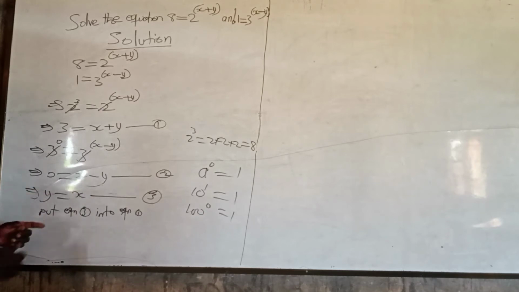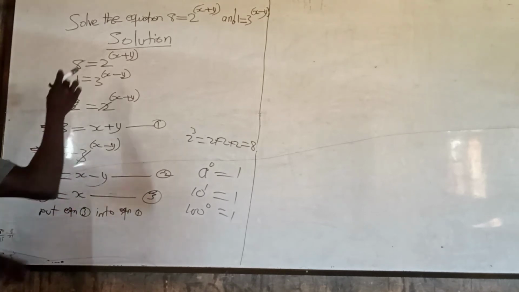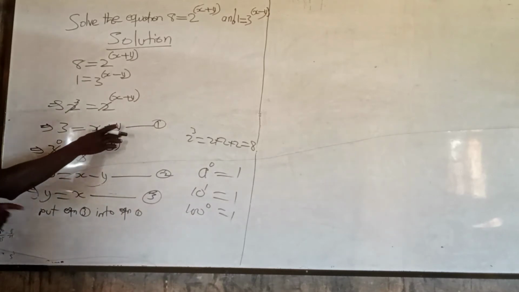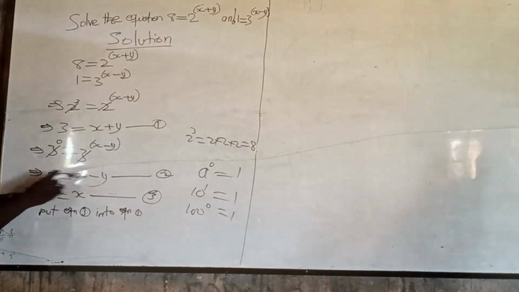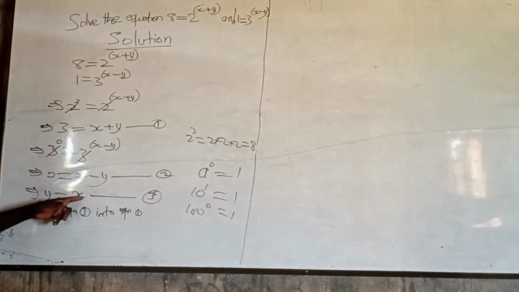It means that y is the same as x. So when you see y here, you put x there, because it says y is equal to x. So when you see y in equation 1, you put x there.